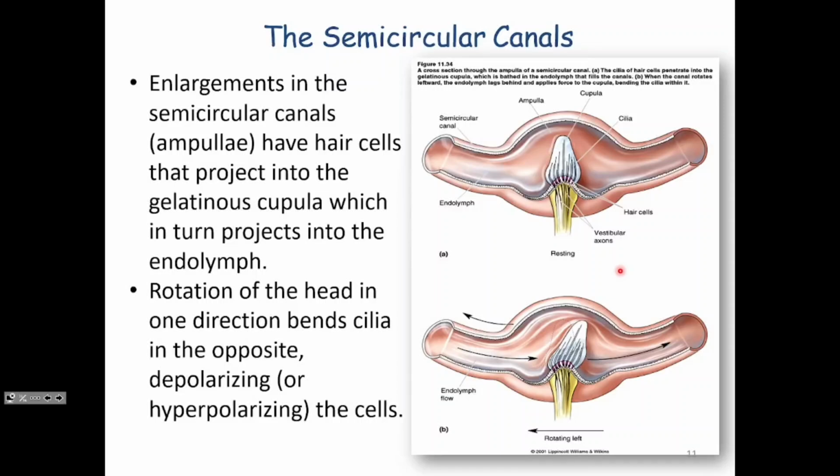Why? Because your head is turning this way, and the endolymph is moving towards the left. On the other side, it is going away from the cupula, so it is not going to bend the cupula. Let's draw it, because that's something you need to understand to see what is going to happen.